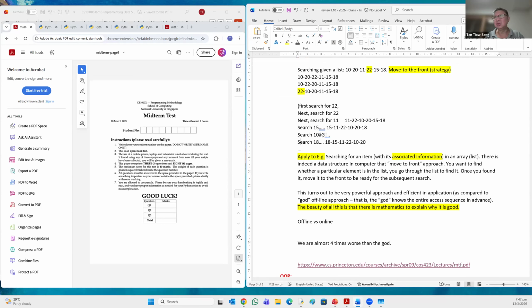Then you will have to change your array. The 10 will have to come to the front, and you will have 10, 15, 11, 22, 20, 18. Then this 10 is gone from here. So you will get this. These are just examples.